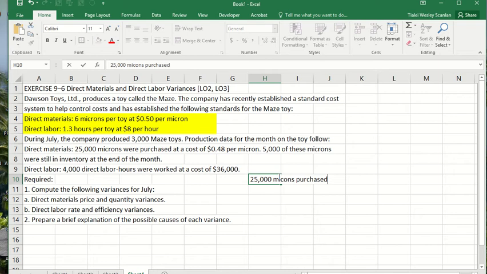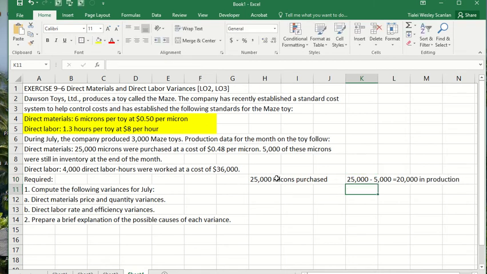They must have used 20,000 microns in production.